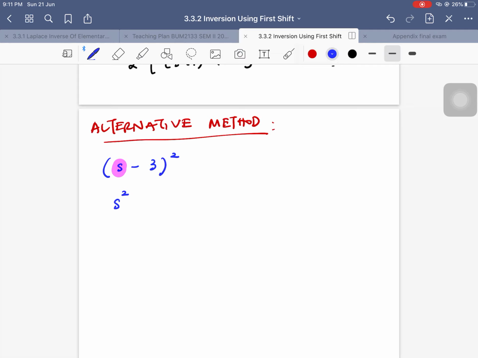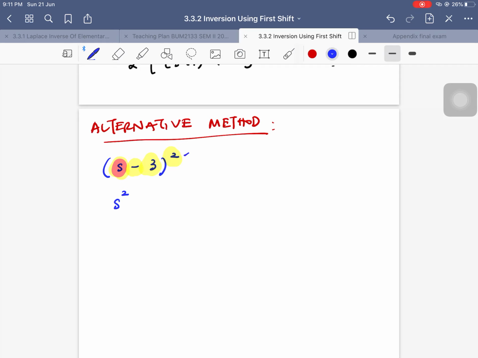The middle term is going to be the whole thing multiplied together. When I say the whole thing, I'm referring to the s, the negative 3 and the 2. Instead of treating this as a power, we treat it as a constant 2.